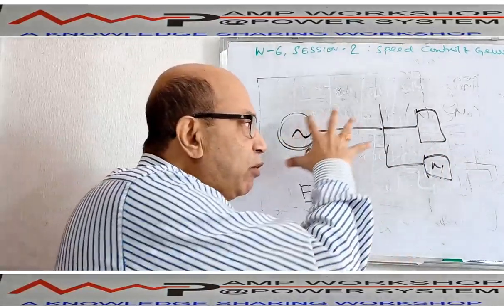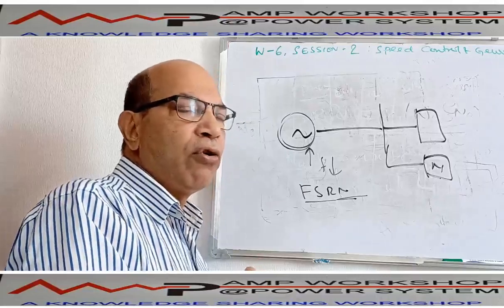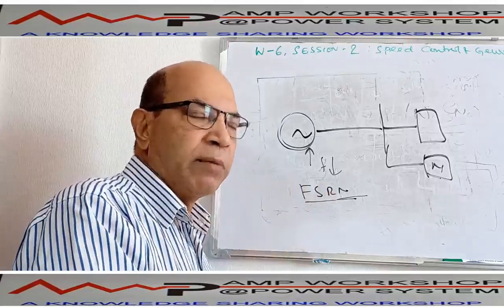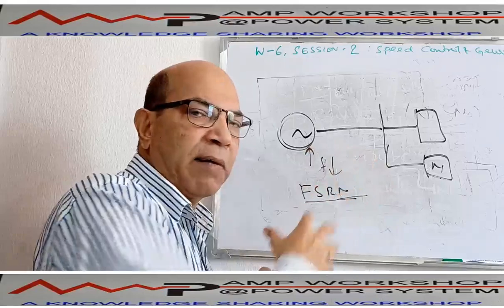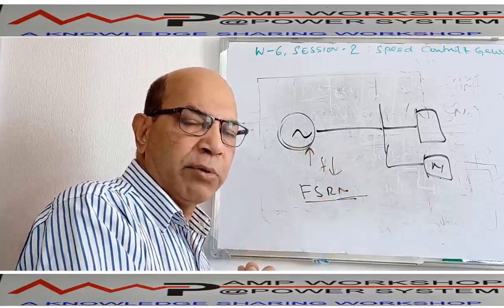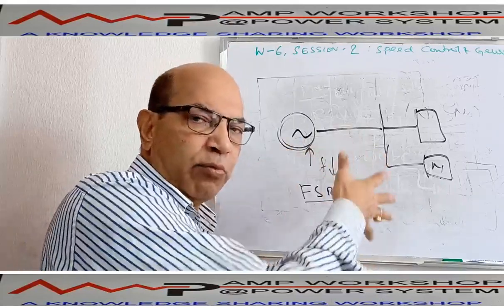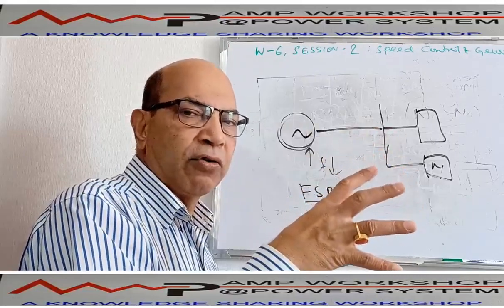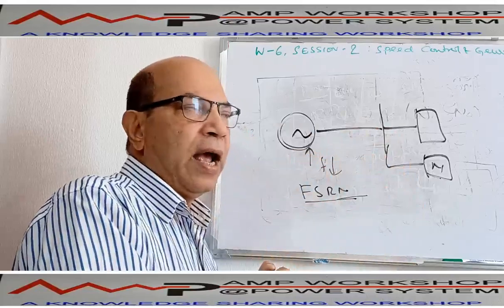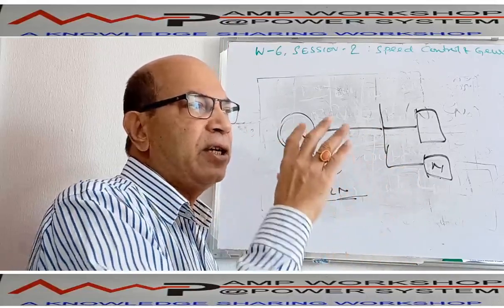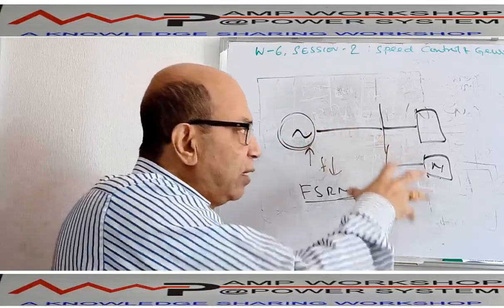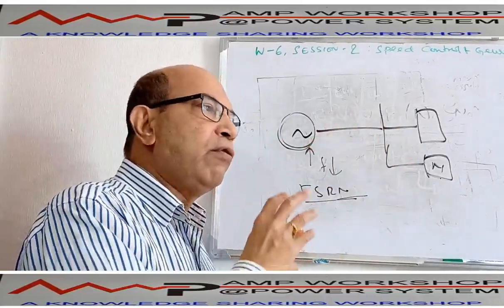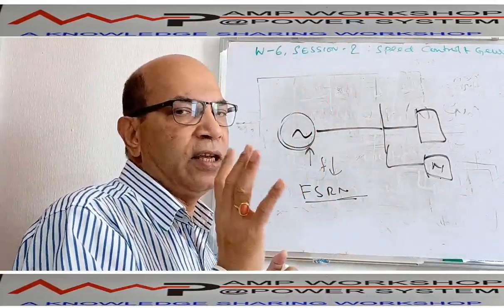If the operation is this way, then we call it an isochronous operation, because in this operation, within maybe some milliseconds it will come back to the normal speed very quickly. In this mode, as it is directly sensing the speed and giving the signal to the final control element, it is very quick, and you will not feel the machine has changed speed. This operation is so quick, you will not physically see there is a change of frequency.